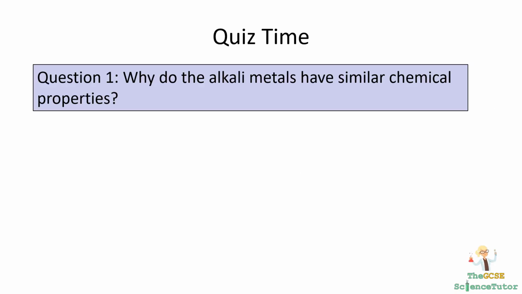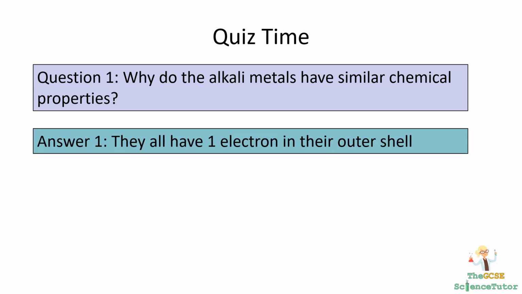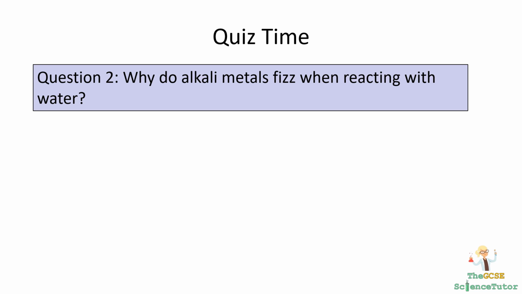Now let's see what you know with a quiz. Question 1. Why do the alkali metals have similar chemical properties? They all have one electron in their outer shell, which means they all behave in very similar ways. Question 2. Why do alkali metals fizz when reacting with water?